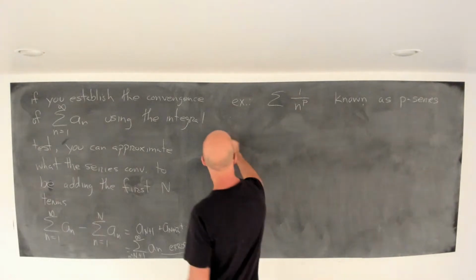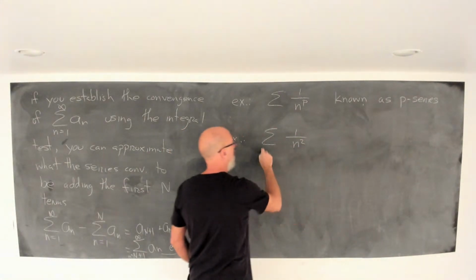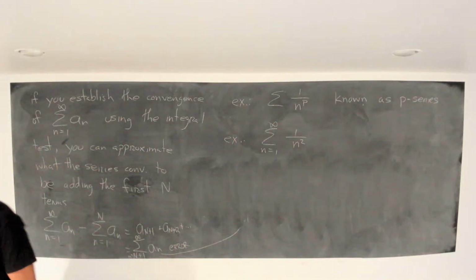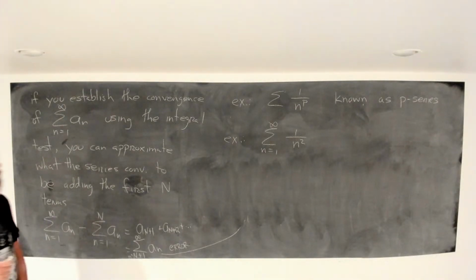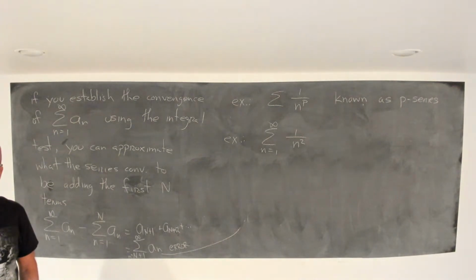And let's take an example. 1 over n squared. Let's establish the convergence or divergence of the series using the integral test.